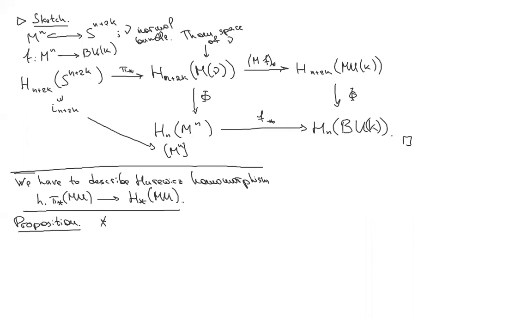Suppose X is a spectrum of finite type. Then we have the mod p Hurewicz homomorphism from pi star of X to the mod p homology of X. And I claim that it factors through the mod p Adams spectral sequence as follows.